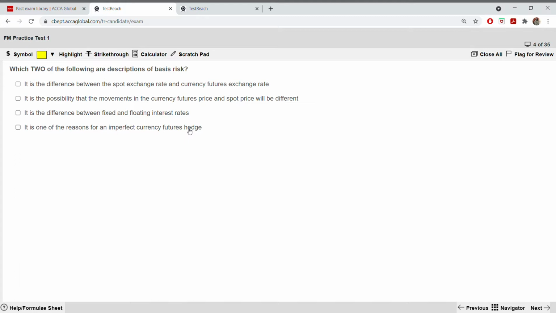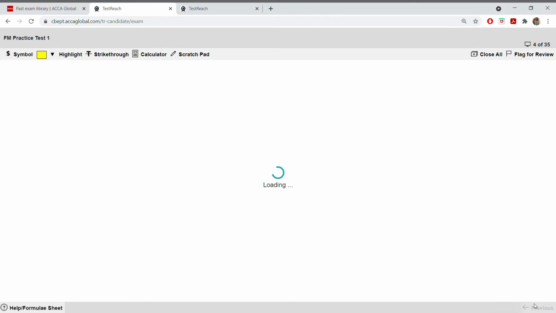So first one is out. Okay, it is the second one, because we know future price and spot move differently, and it has nothing to do with floating and fixed interest rate, so that's definitely out, and it is one of the reasons for an imperfect currency future hedge. Yes. So going to the next one.